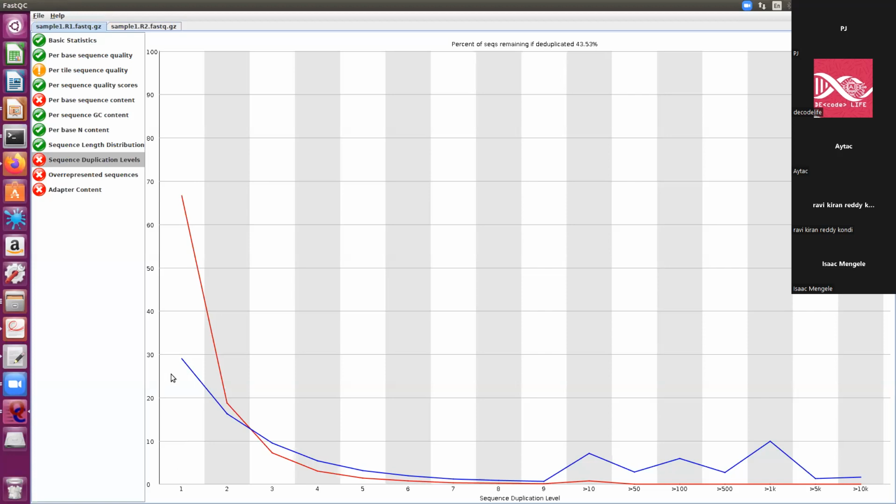The blue line is the actual total. Majority are very less duplicated because they are at the one duplication level, but a few have a duplication level of 10x, above 10. So these reads will be removed during the trimming step.